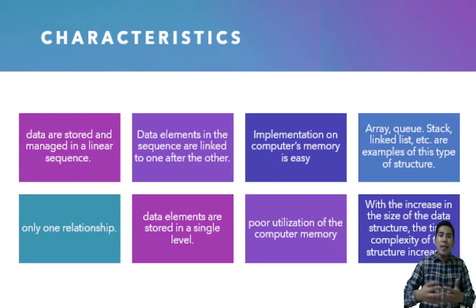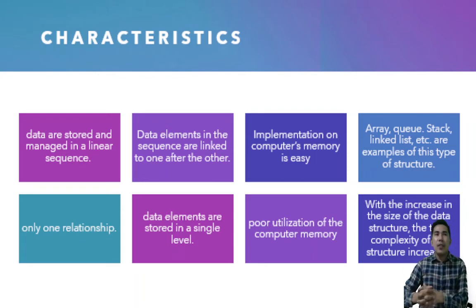The data elements stored in the data structure have only one relationship. Another one is that traversing from one element to another can be carried out in a single run, as the data elements are stored in a sequential manner.